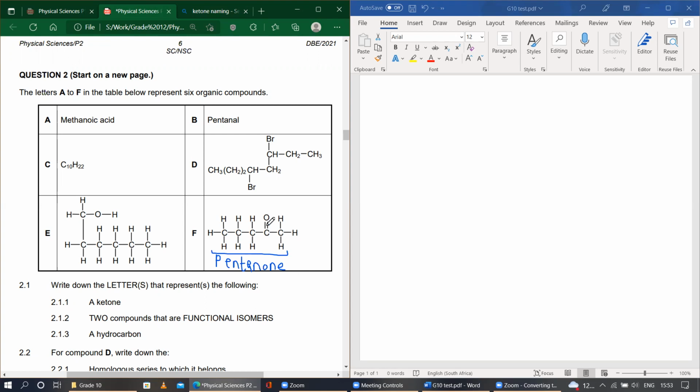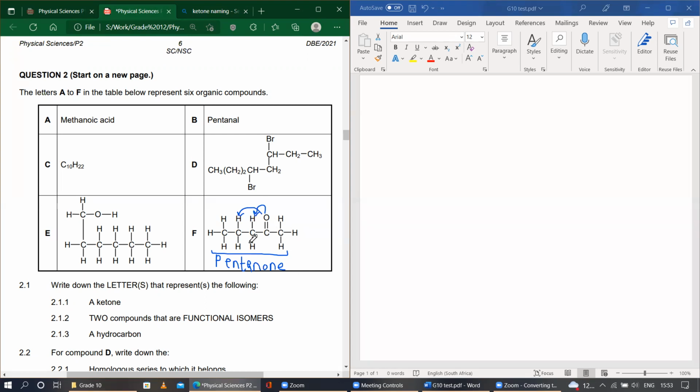To make a positional isomer, you can just move this oxygen maybe to here. You can only move it to here, because if you move it to this side, then you're gonna start counting from the other side.